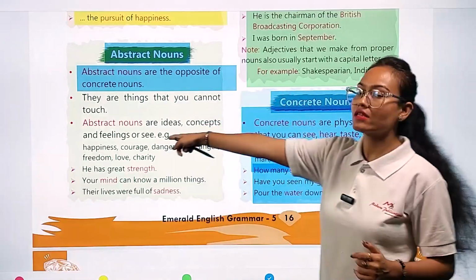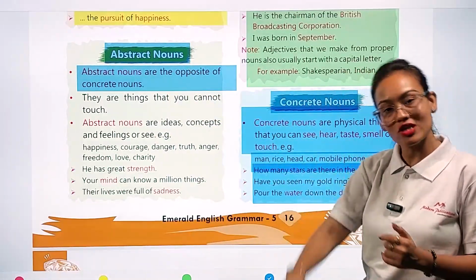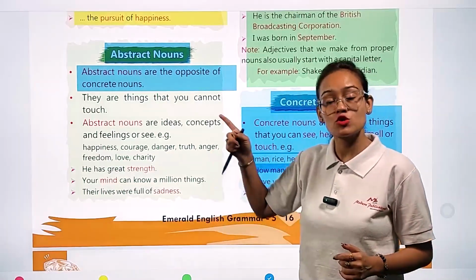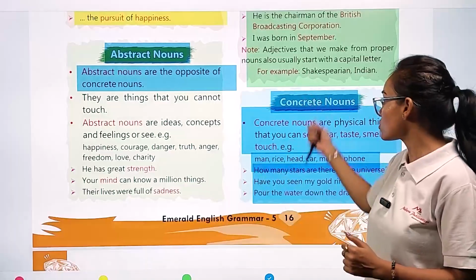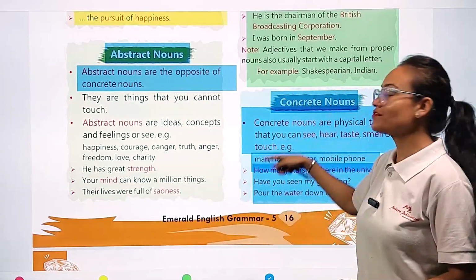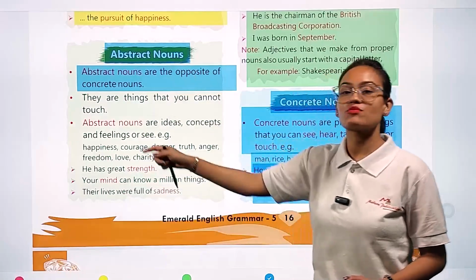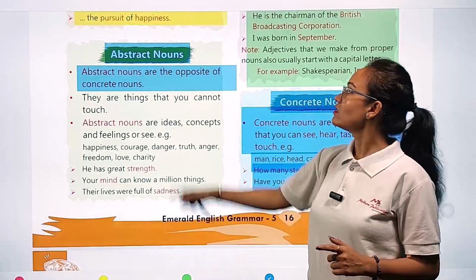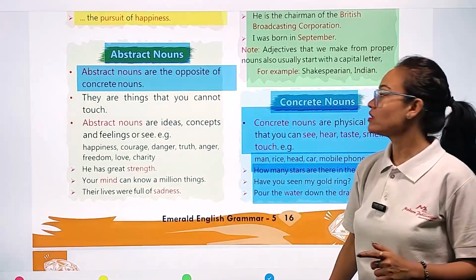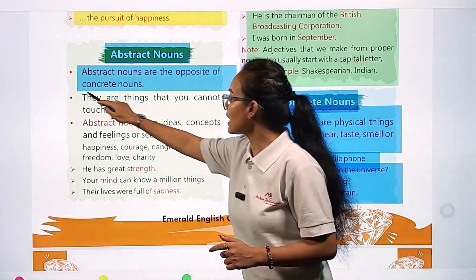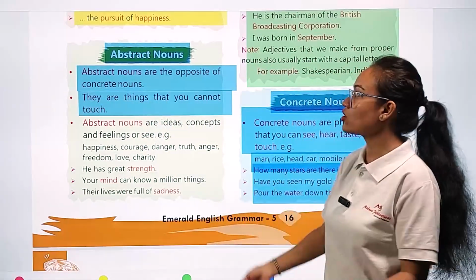Now on the other hand, abstract nouns are just the opposite of concrete nouns. If we can touch, smell, sense and feel concrete nouns, then abstract nouns will be what? None of them comes under the category of abstract noun. That's why it is called the opposite of concrete noun. They are things that you cannot touch.